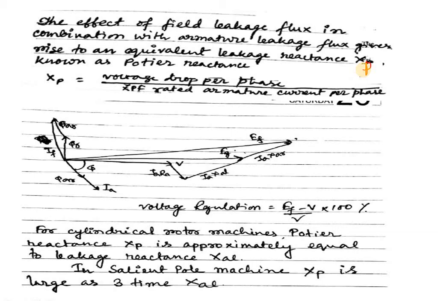So from here we can draw the phasor diagram for cylindrical rotor machines, where Potier reactance XP is approximately equal to leakage reactance XAL. In a cylindrical machine, XP is about 3 times larger than XAL.